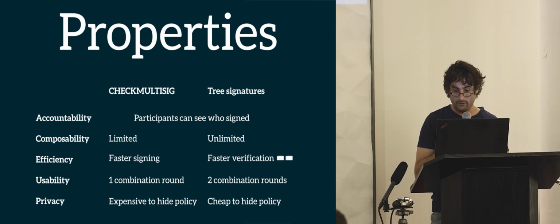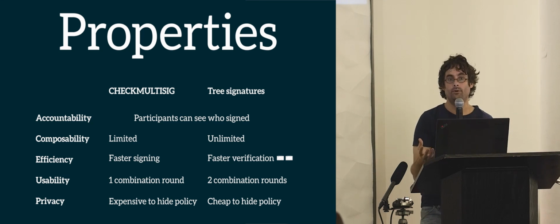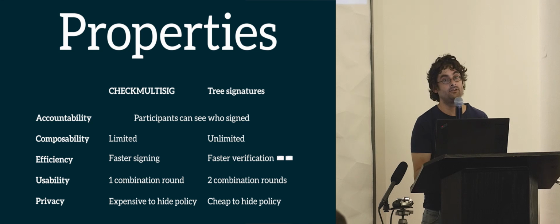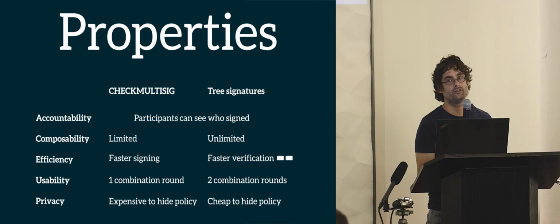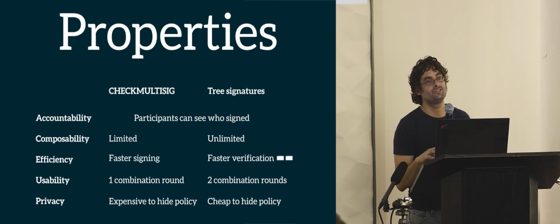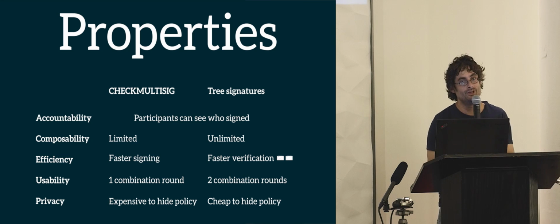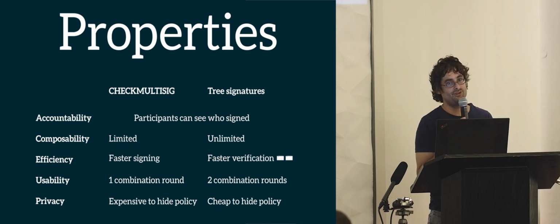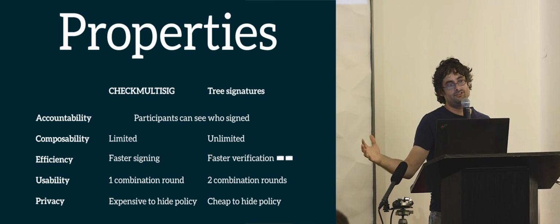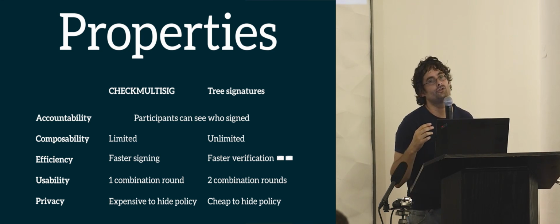And then the privacy argument, if I want to hide my policy, or even better, I want to hide who is involved in the transaction, what keys are, the way to do it in all of these schemes is by adding dummy keys to it. And in Check Multisig, this is extraordinarily expensive to do because we're only limited to 15 keys entirely. Though in tree signatures, I can easily double the number of keys and only add 1 level to the tree.